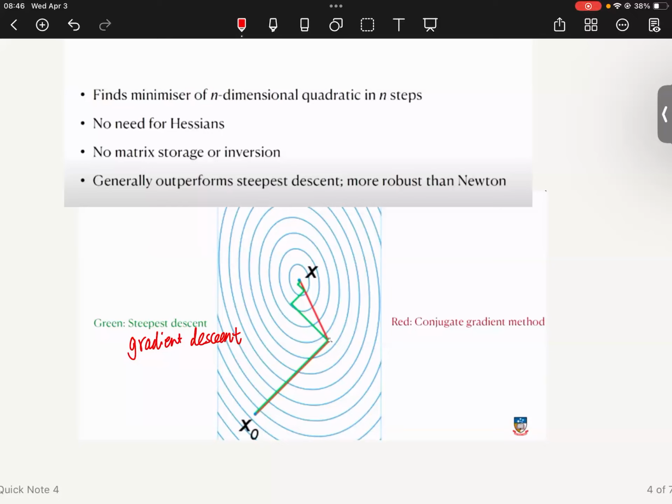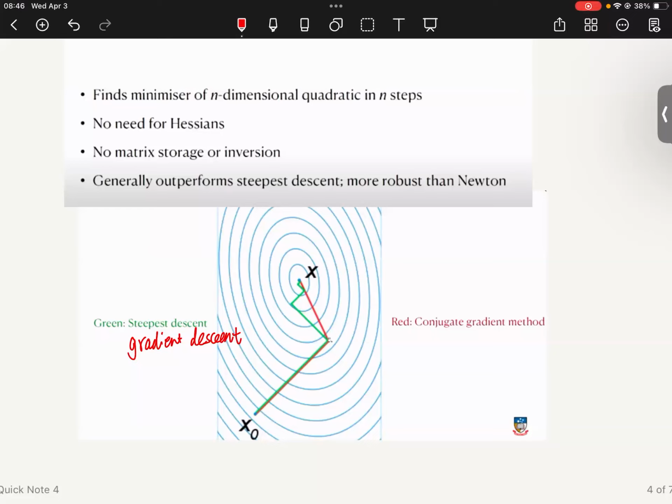If you look at gradient descent versus conjugate gradient, conjugate means it's related to the matrix A. But gradient descent is not too related to the A matrix; it just goes orthogonal to the contour here.